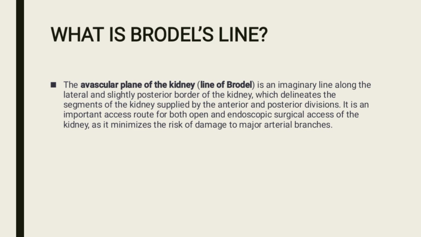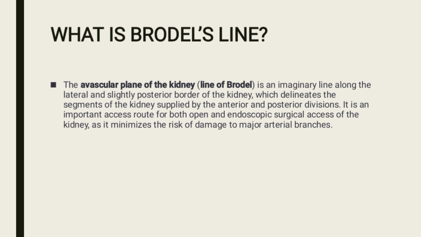As you can see, Brodal's line is an avascular area of the kidney, and whenever we puncture the kidney, or we are performing a percutaneous nephrolithotomy procedure, and when we put the needle in order to puncture the kidney, we should keep this line in our mind.